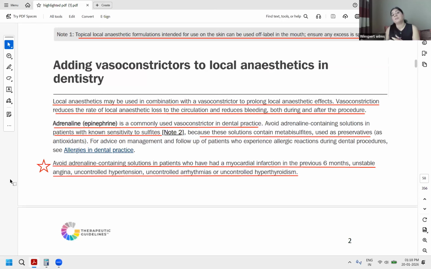And if that is not given in the exam as an option, then what should be your second go-to anesthesia? So I'm going to be talking about all those clinical concepts which are coming in the examination every single time.